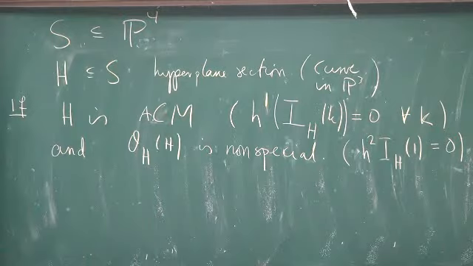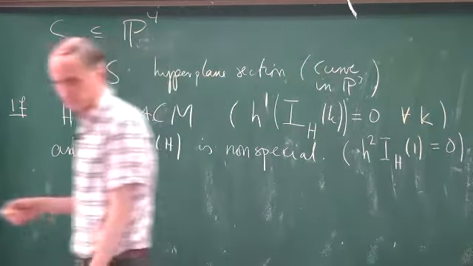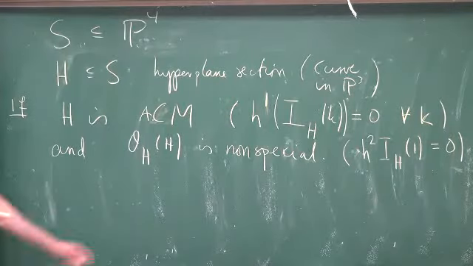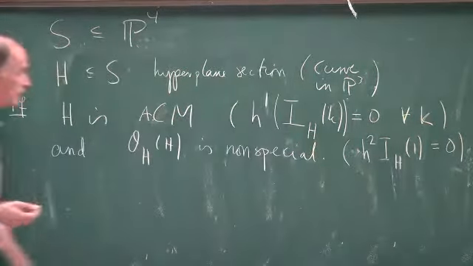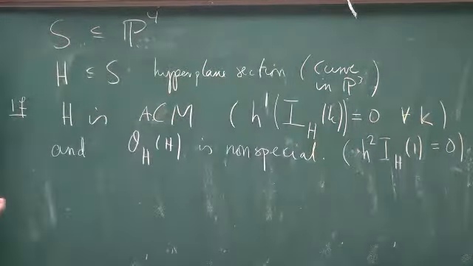So for instance, if the degree is bigger than the degree of the canonical divisor, then it's non-special. This can be checked just by the degree, sometimes, but not always.